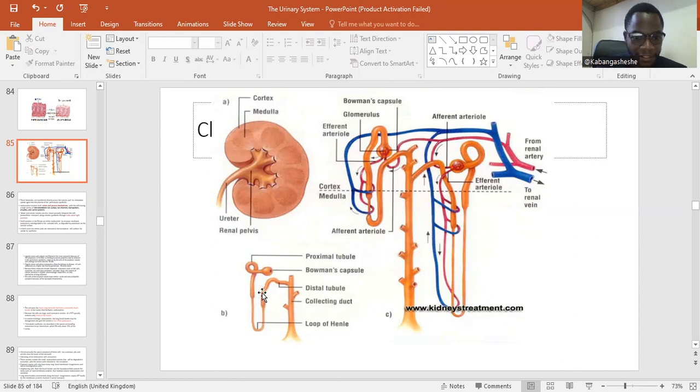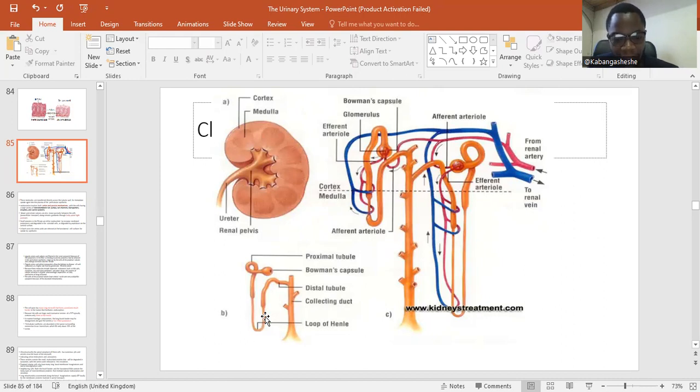So the difference here is that the proximal convoluted tubule begins as simple cuboidal epithelium all the way up to the thick descending limb. Then there's an abrupt change of epithelium from simple cuboidal epithelium to simple squamous epithelium. So this part, the thin limb, is lined by simple squamous epithelium. Thin descending, thin ascending, both are lined by simple squamous epithelium.